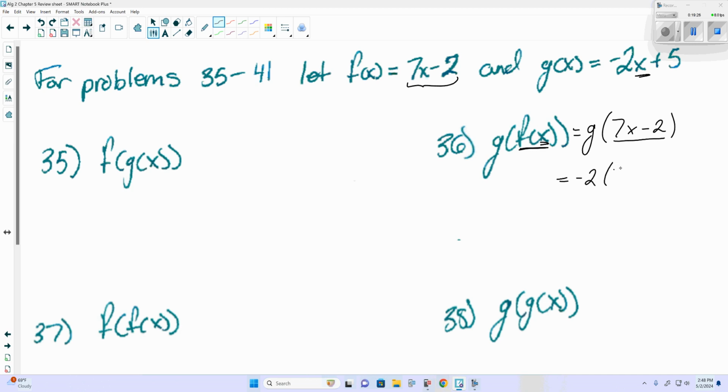So we're going to have negative 2 times 7x minus 2 plus 5. Now at this point here, we're going to distribute the negative 2. Negative 2 times 7x is negative 14x. Negative 2 times negative 2 is plus 4 plus 5.